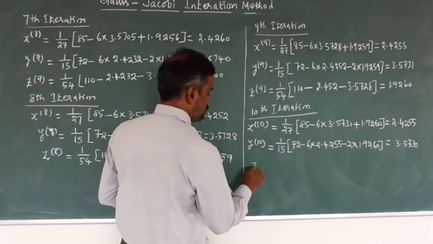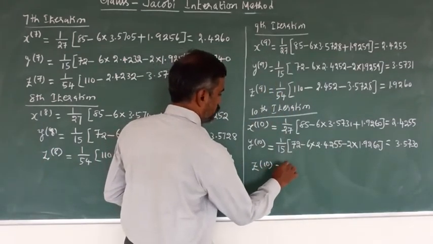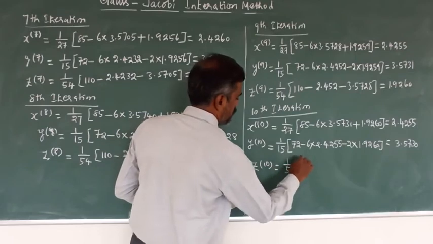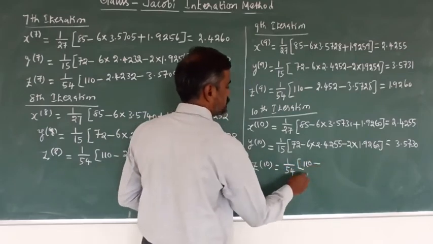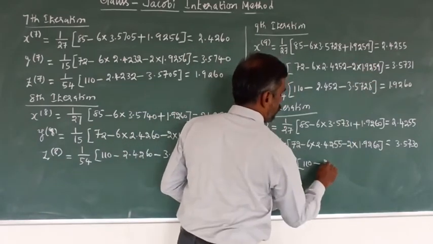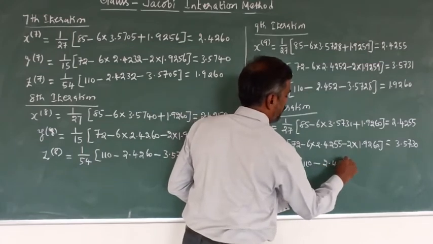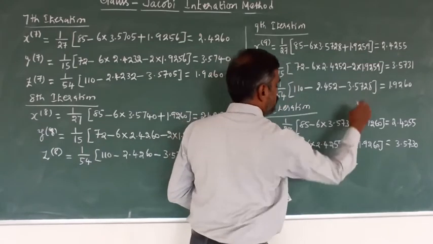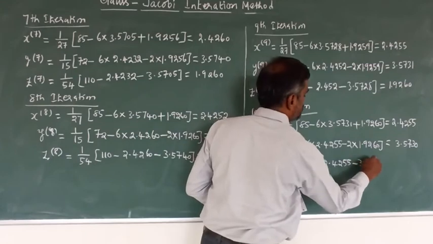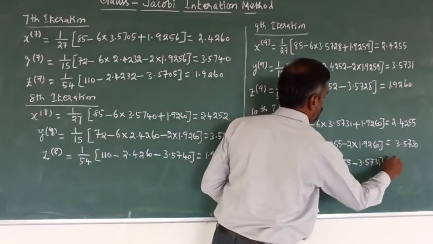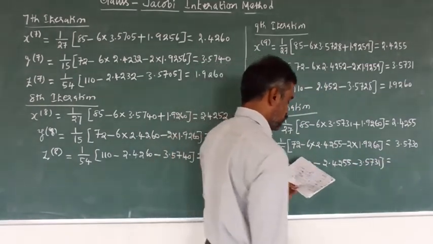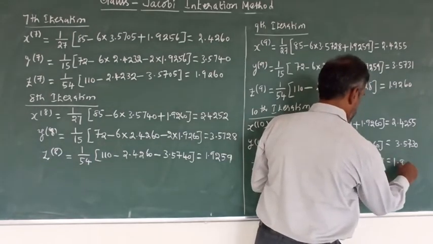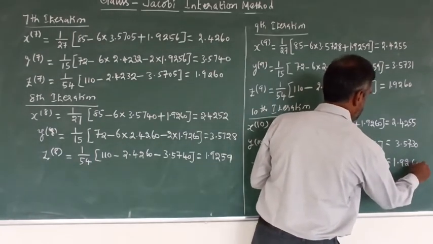And next z10 equals 1 divided by 54 within bracket 110 minus x value 2.4255 minus y value 3.5731. Now simplify and we can get the result 1.9260.